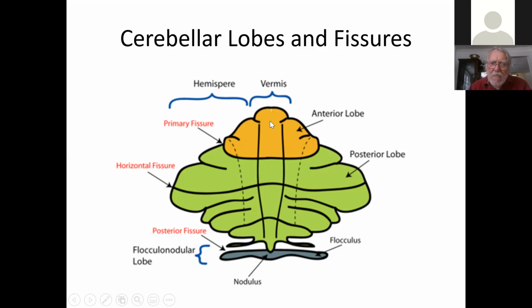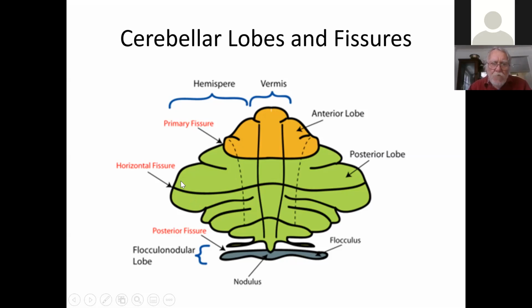First of all, we see cerebellar hemispheres on the left and the right, and then we see the deep cerebellar nuclei that is defined as the vermis. And the cerebellum is sort of subdivided into 3 main areas because of the presence of 2 primary fissures, the primary fissure and the posterior fissure.